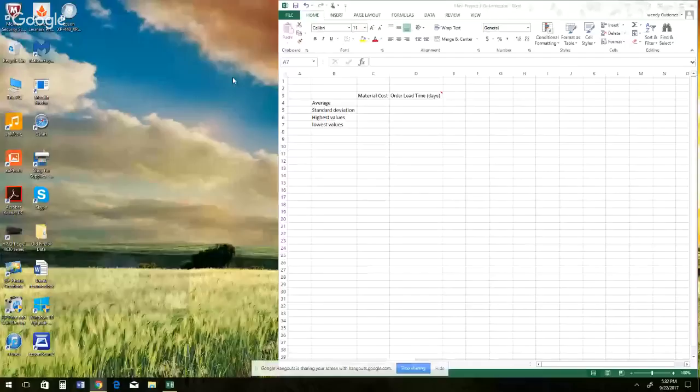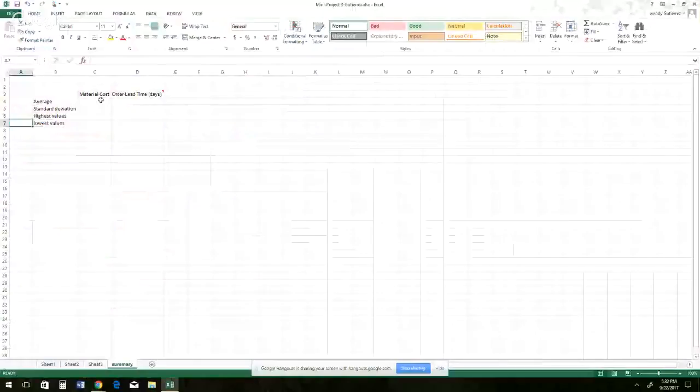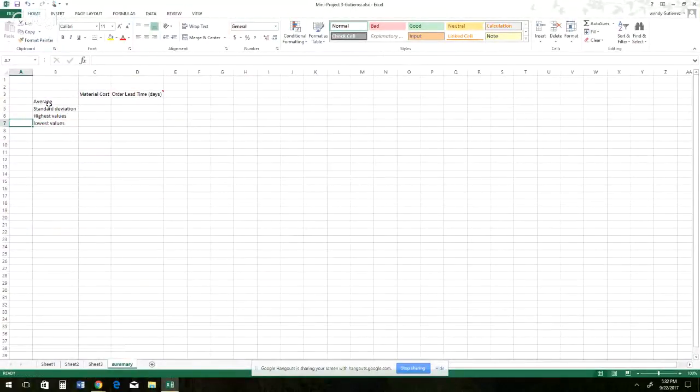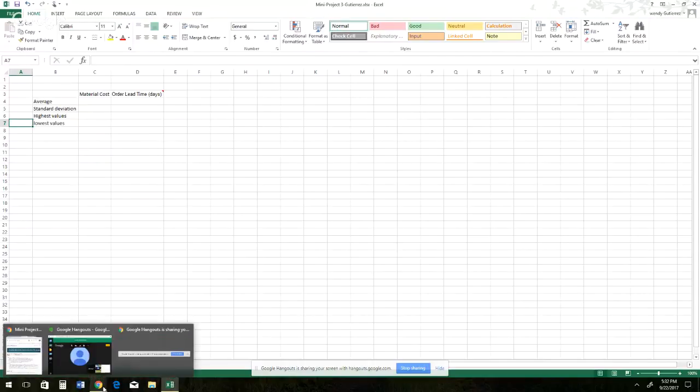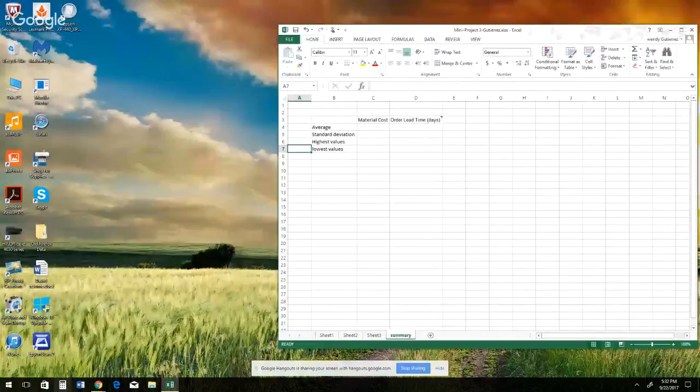I have mine that looks like this. Let me share it. Material cost, order lead time, and then average, standard deviation, highest, and lowest values. Are you able to see it? Yeah, that's what I have for mine too. You need average, standard deviation, highest, lowest, and then headers at the top.